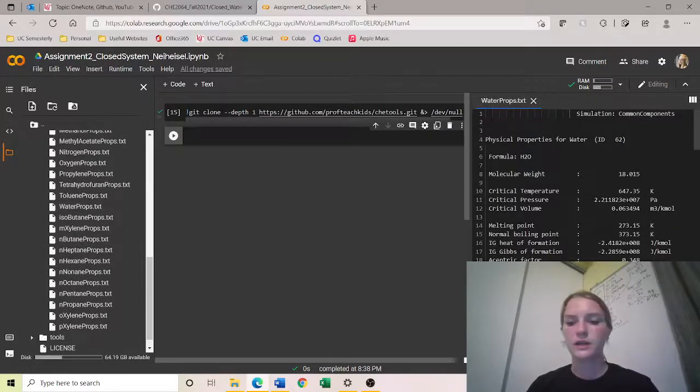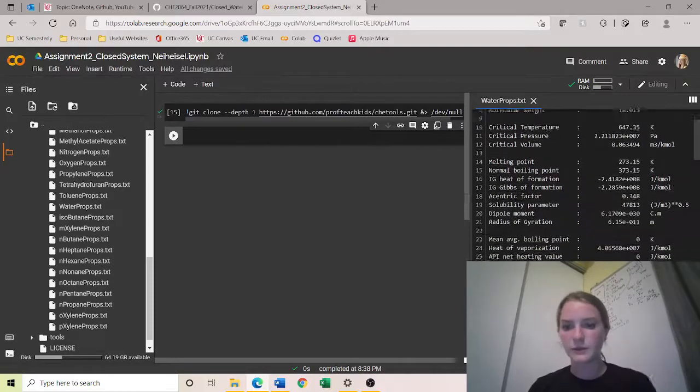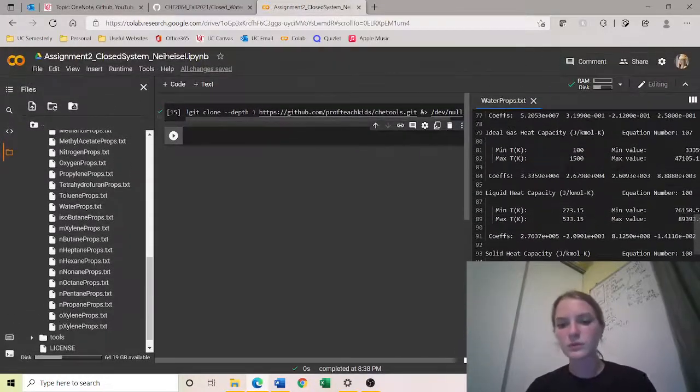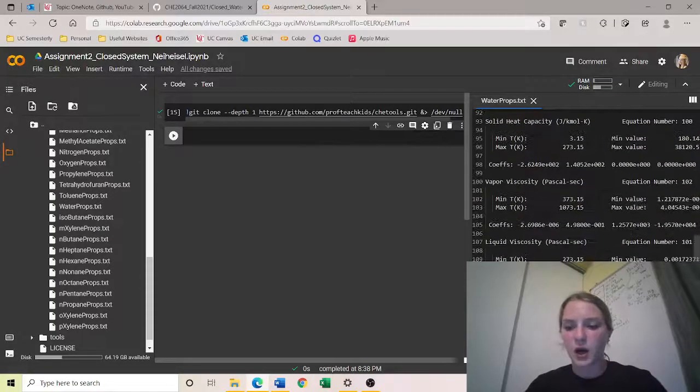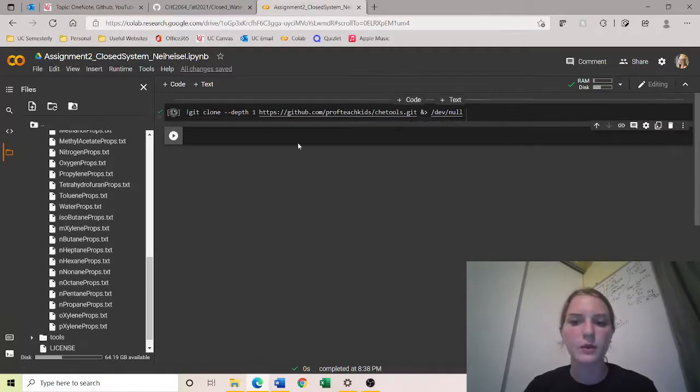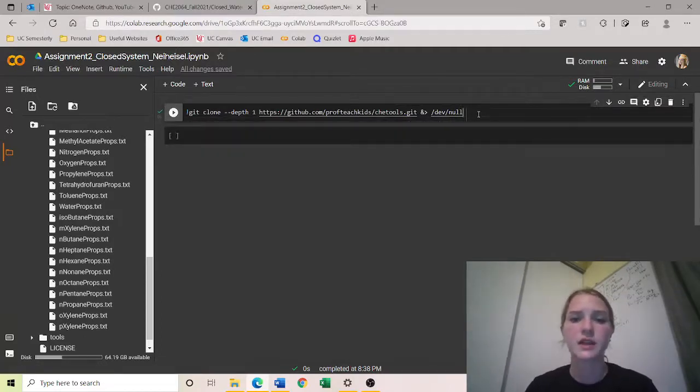If we go to water, we can see the critical temperature, pressure, volume, melting point. We have a bunch of different properties of water written in here, so we can just pull them straight from there, and we don't have to type them in ourselves and accidentally make a mistake.